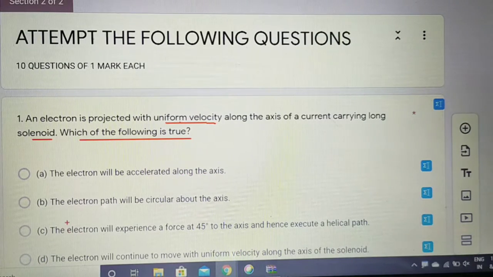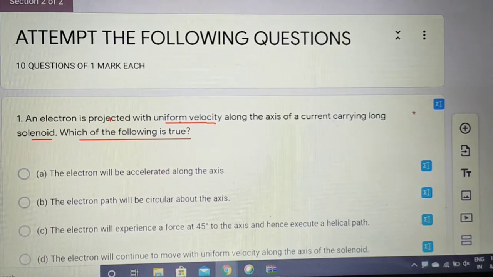The second option is the electron path will be circular about the axis. The third option is the electron will experience a force at 45 degrees to the axis, and hence it will execute a helical path. The fourth option is the electron will continue to move with uniform velocity along the axis of the solenoid.